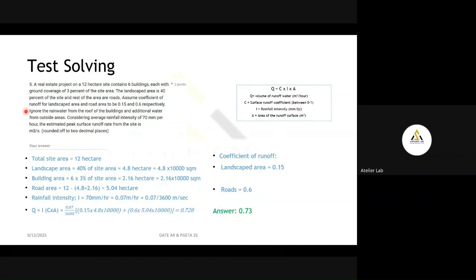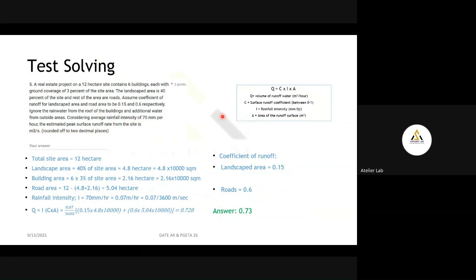Ignore the rainwater from the roof of the buildings and additional water from outside areas. Considering an average rainfall intensity of 70 mm per hour, the estimated peak surface runoff rate from the site is blank meter cube per second, rounded off to 2 decimal places.